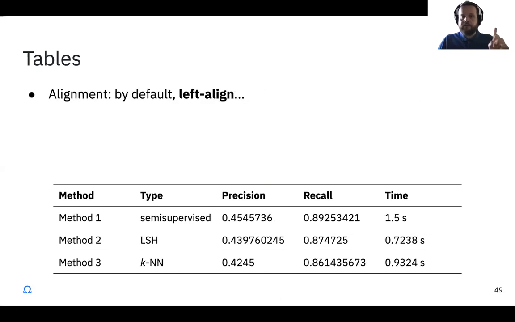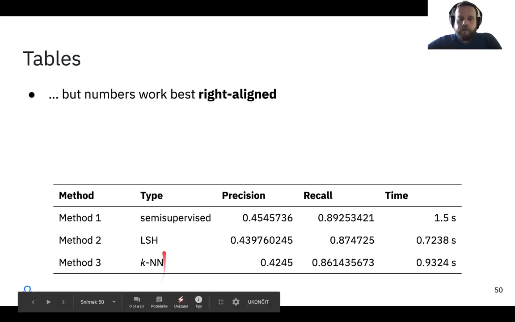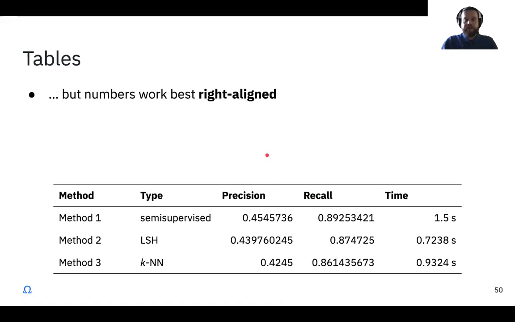So we might want to say, if you have a really long table, let's say horizontally, you might want to group meaningful attributes together and separate those by vertical lines. So the same logic as we have with the row separators on this slide. If you would have the franchises in various cities, you can use here.